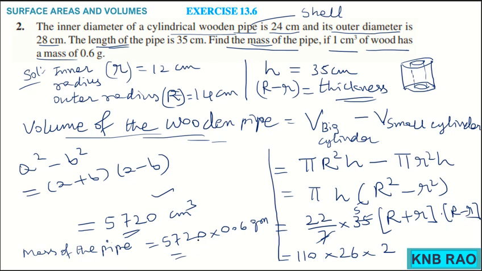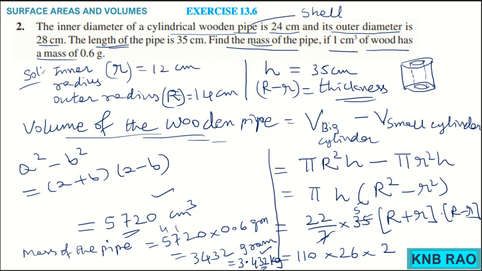Multiply them: 6 into 2 is 12, 1, 7 6s are 42 plus 1 is 43, 4, so 6 5s are 30 plus 4 is 34, so 3432 grams will come as the mass. If I convert it into kilograms, it becomes 3.432 kg, because 1 kg is 1000 grams. So 3.432 kg is the right answer.